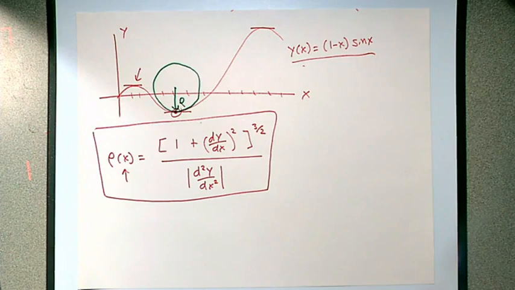The second derivative. The derivative of minus sine of x is minus cosine of x, plus product rule, because I've got a 1 minus x and a cosine x. Got minus 1 cos x plus derivative of the second piece times the first: 1 minus x, derivative of cosine is minus sine.